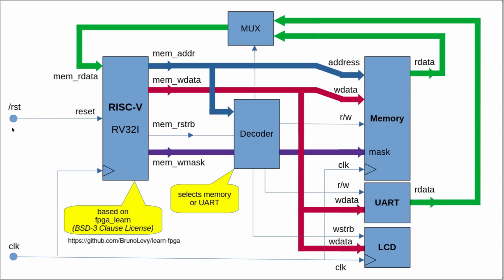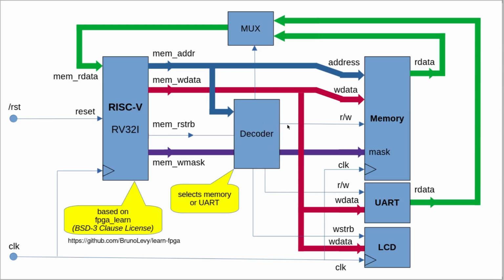We have the reset line, which is going to reset the CPU. The CPU is going to run programs from memory, so we need the connection to the memory here. This memory is going to be initialized with the hex values that we've just seen before, after being compiled by GCC. To access other peripherals, I need a small logic that I call the decoder.